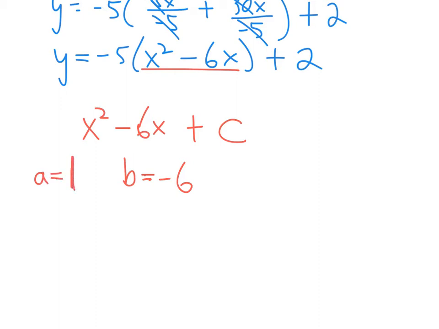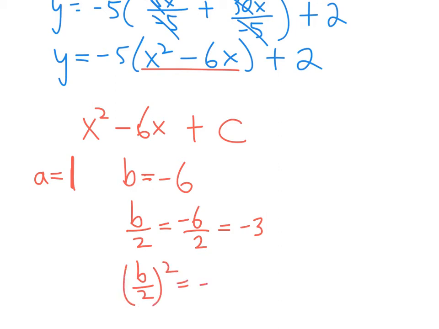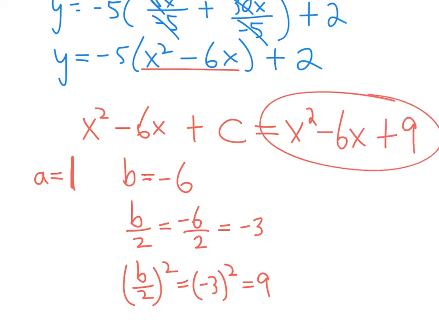So when a is 1, if we took half of b, so -6 divided by 2, which is -3, and if we square that value, -3 squared equals 9, then this incomplete trinomial becomes x squared minus 6x plus 9. And this is how you complete the square.